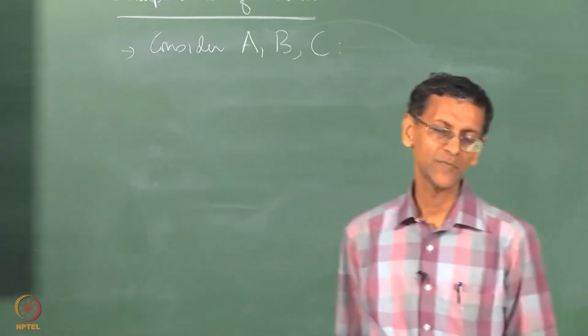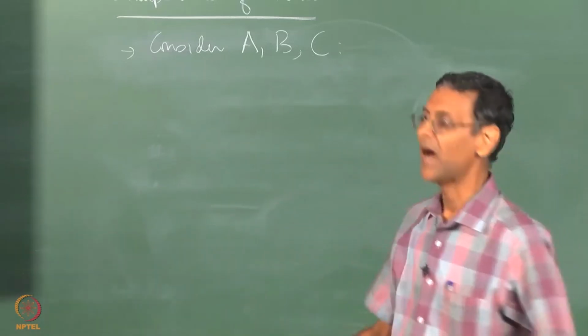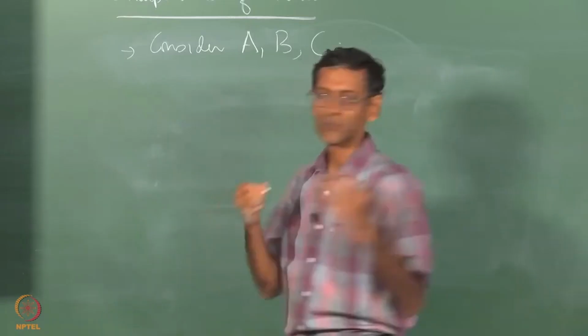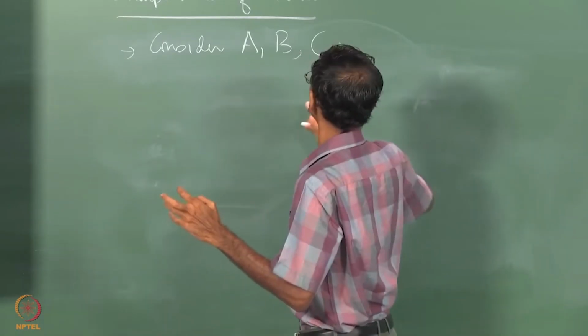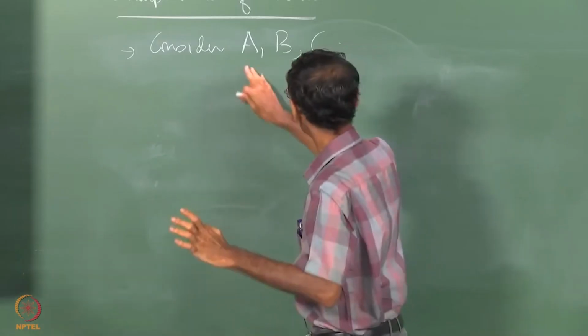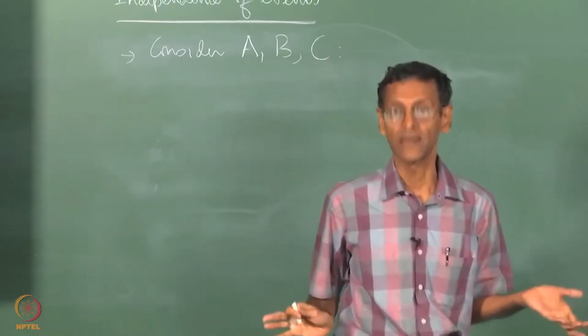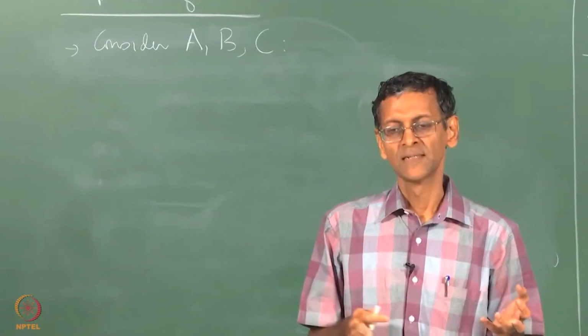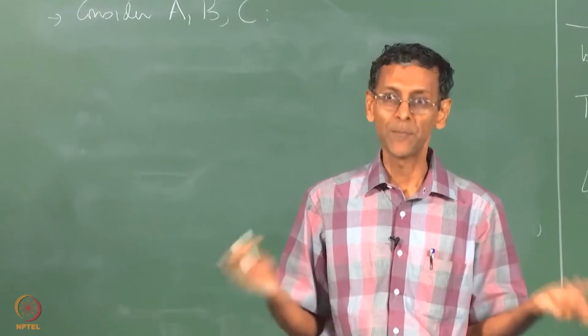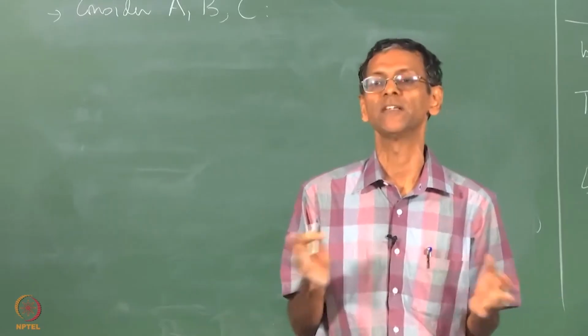When do I say the 3 events are independent? Now, I have more things that I can do. I can consider A and B C, or I can consider A and B union C and things of that kind. So I want not just pairwise independence, I also want something beyond pairwise independence.